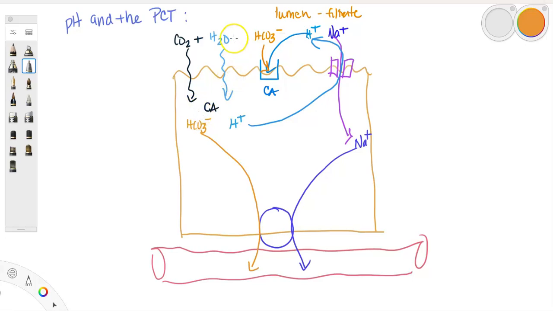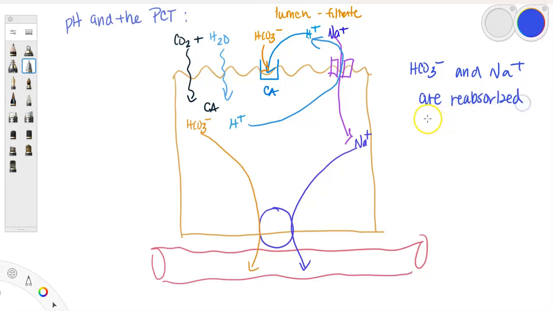So basically, at the PCT, bicarbonate and sodium are reabsorbed in the proximal convoluted tubule.